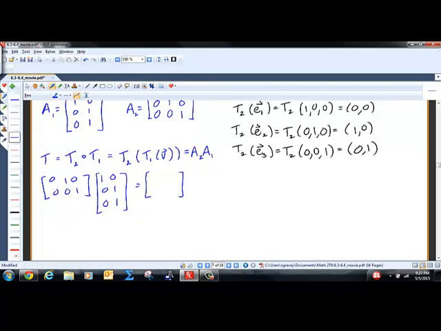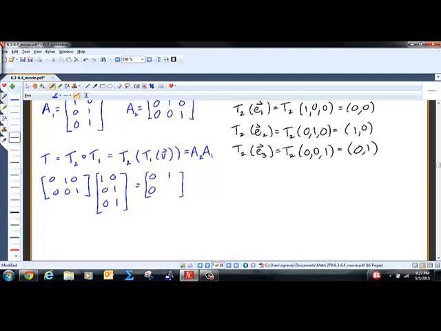And then we'll end up with 0 times 1, 1 times 0, 0 times 0. I think we'll get 0 for the first component. Now, 0 times 0, 1 times 1, 0 times 1. We just get a 1. And then going down, 0 times 1, 0 times 0, 1 times 0, we'll get another 0.